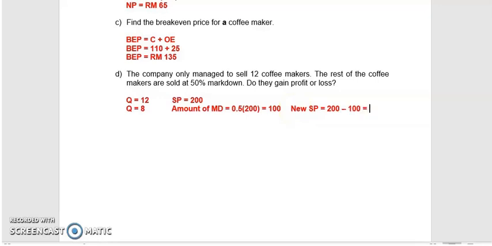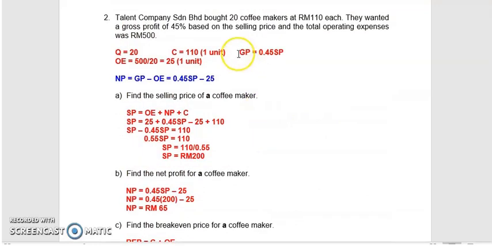So the new selling price will be 100 ringgit. Now you need to look at another variable related to selling price, because now we have two different selling prices. So if you look here, GP is equivalent to 0.45 SP and NP is equivalent to 0.45 SP minus 25. So you must be careful with these two variables.